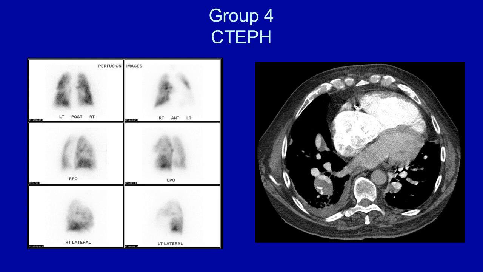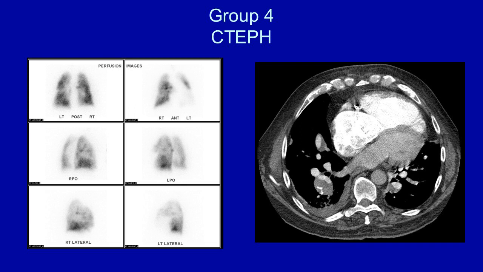This discrepancy you see between the VQ scan and the CT pulmonary angiogram would suggest to me that in fact the two tests are complementary rather than exclusive of each other. Some centers even use MRI angiography to assist with the preoperative evaluation of patients.